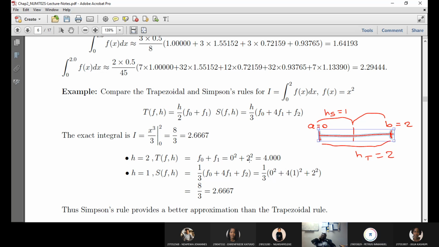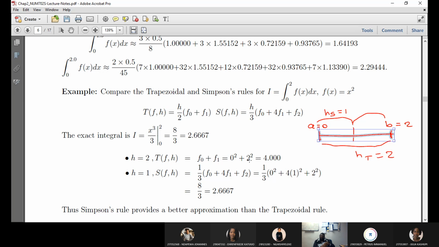Now, the purpose of introducing the composite rule is that I can decide to use my Simpson rule, but I should be able to use a partition of that interval instead of using just one sub-interval. Why can I use many sub-intervals but still apply my trapezoidal rule?